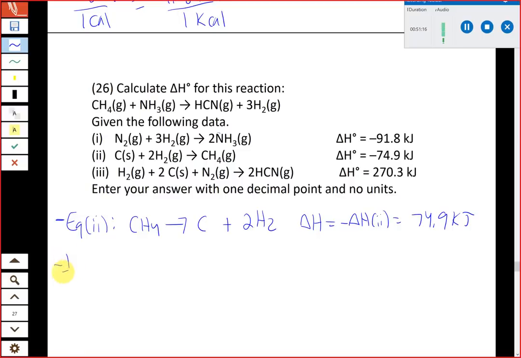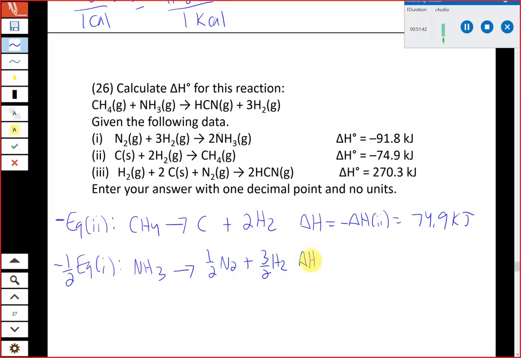So we're going to take minus 1/2 times the first equation, which again is equivalent to flipping it and multiplying the coefficients by 1/2. So instead of 2 NH3 on the product side, we just have 1 NH3 as a reactant. And then these two reactants become products with their coefficients modified by 1/2. So NH3 going to 1/2 N2 and then 3/2 H2.